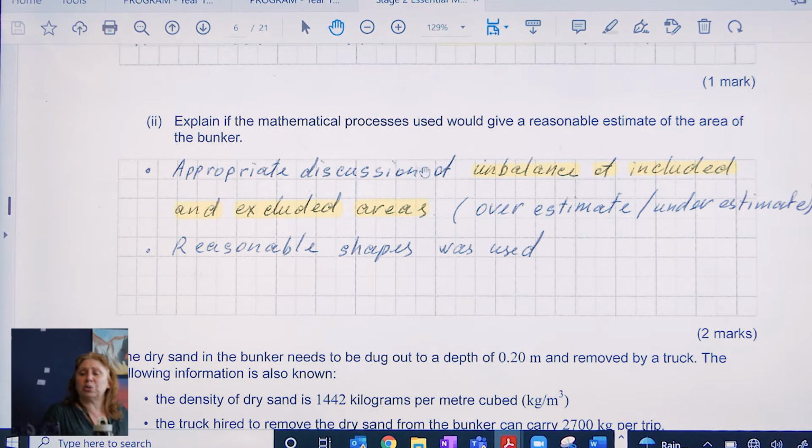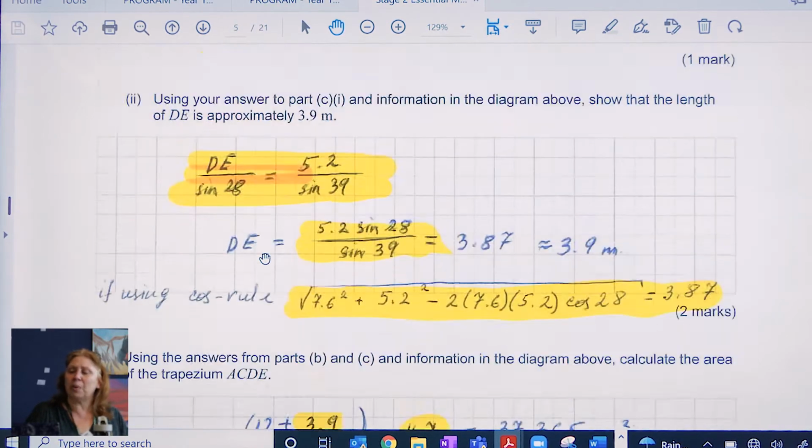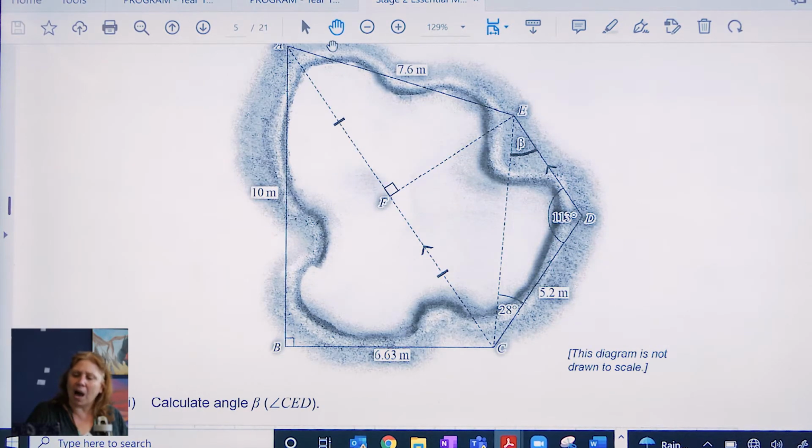A lot of students were saying here that Simpson's rule will be a better estimation, but in this question they didn't ask, okay? Probably the teacher thought that if they ask about irregular shapes, Simpson's rule is best to find out, it will be more accurate. So in general, we want to see how much is outside and how much is not included. If it's balanced, yes, it's reasonable to use it.